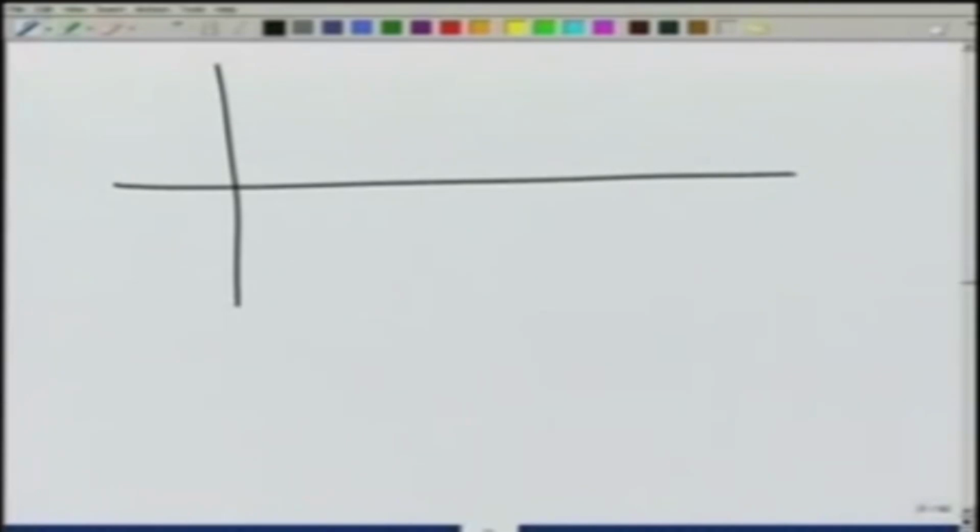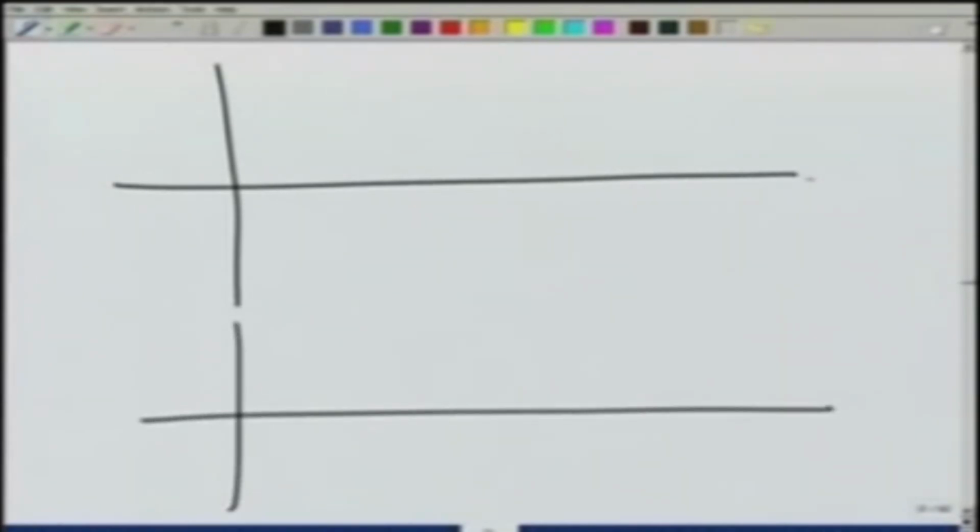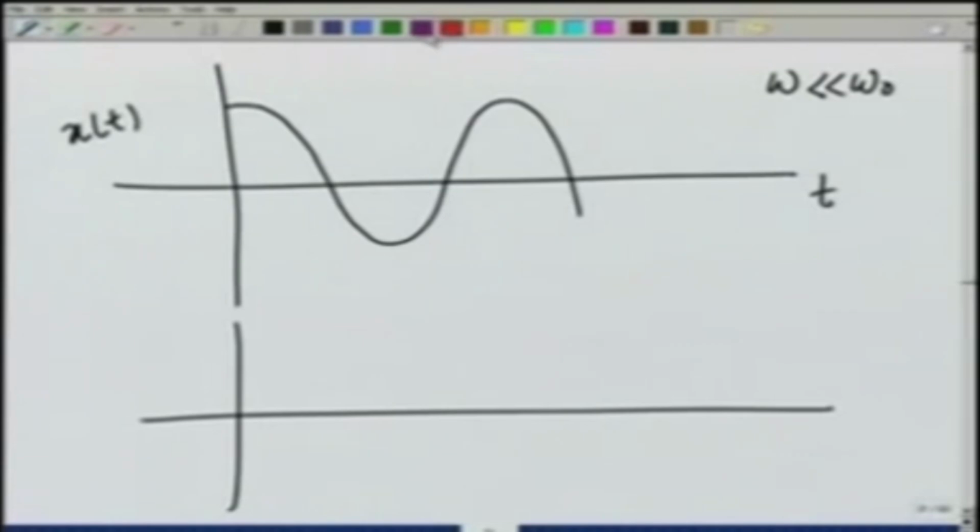So, let us see how the displacement and force are in relation with each other at different frequencies. This is time, x of t. Let us say this is omega much less than omega 0. The force is like this, and in this case the displacement will also be following roughly the same graph. I have not shown the amplitude correctly, only the relative phases.